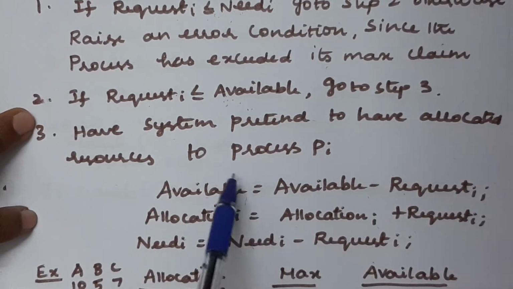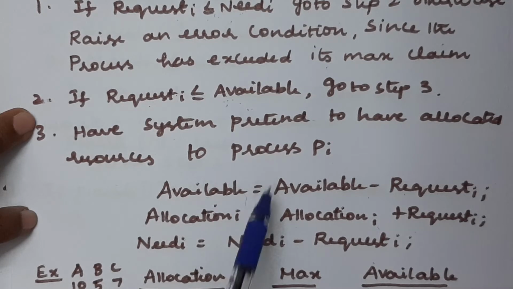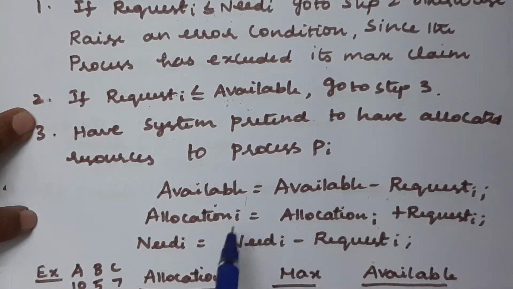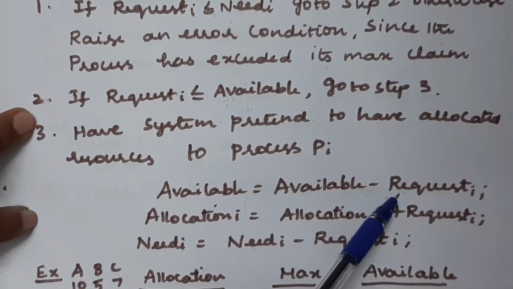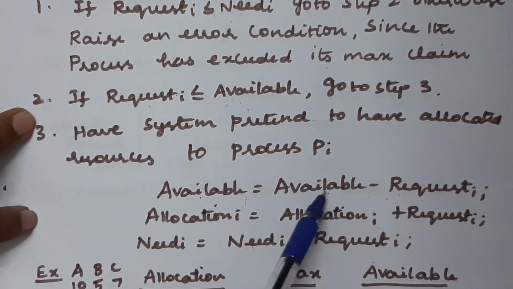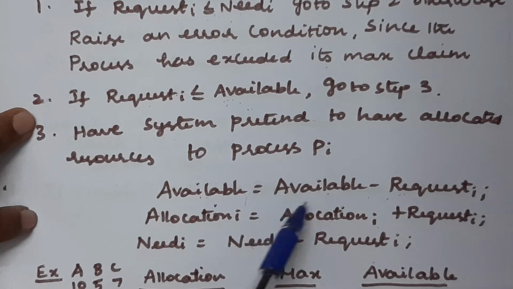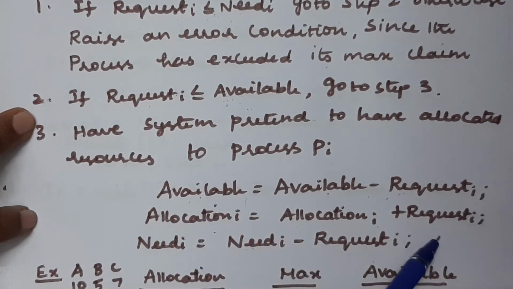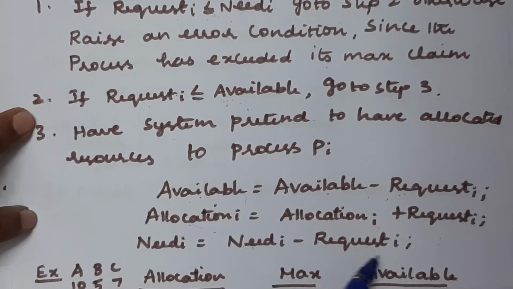All the values of these data structures will be changed as per the number of resources it is requesting. If you allocate up to that request, then the request is subtracted from available, and what remains is the new available value. Allocation will be added with this request, and need is need minus request.